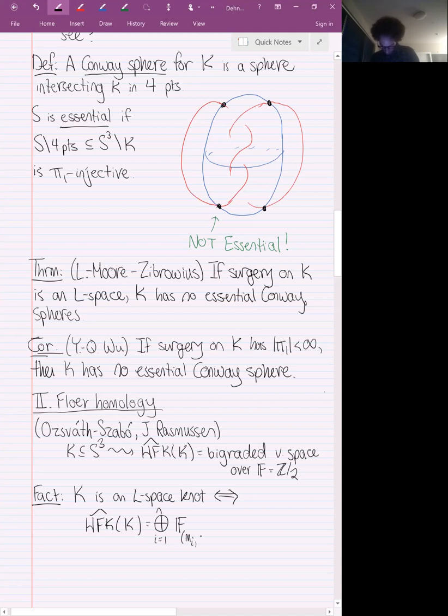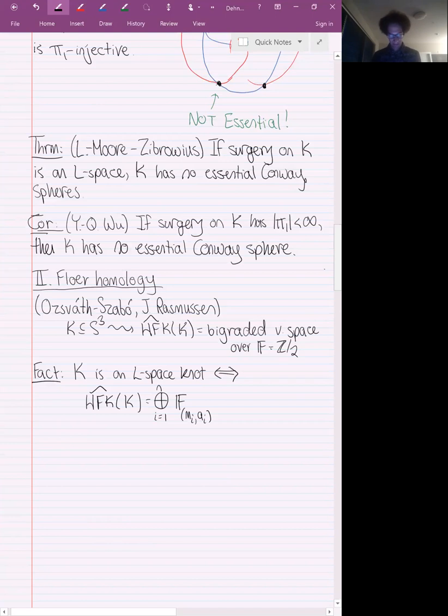So I'm going to write the first grading as the Maslov grading, M_i, and the second as the Alexander grading. The condition here to be an L space knot is that there is at most one element in each Maslov grading and at most one element in each Alexander grading. And the way that our vector space is ordered, the generators ordered either by Maslov grading or by Alexander grading are the same strict orders.